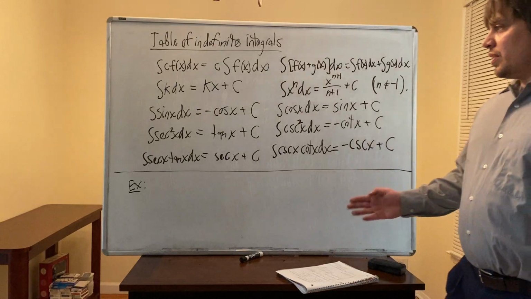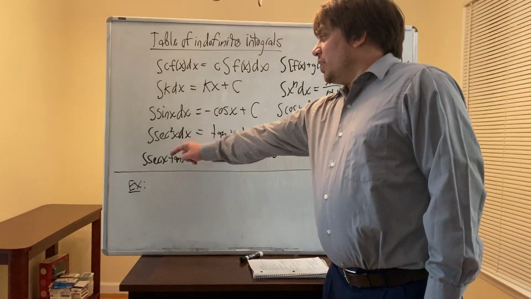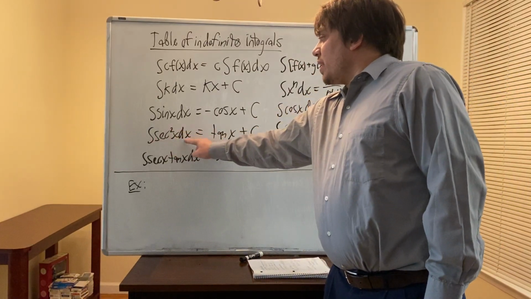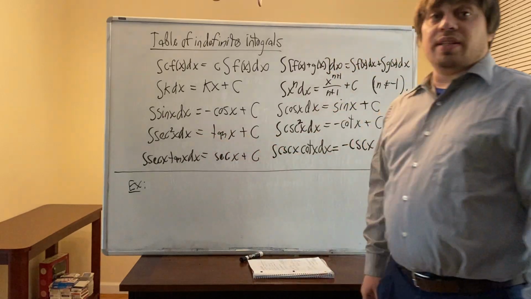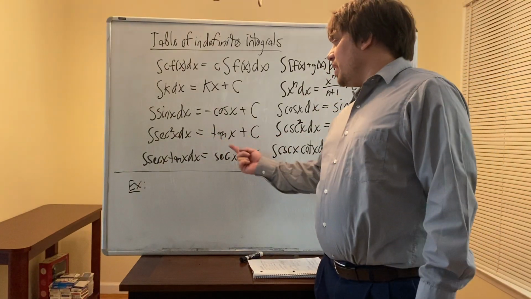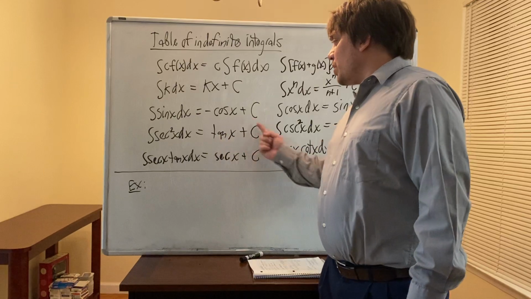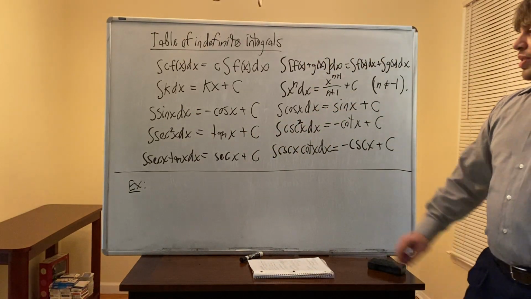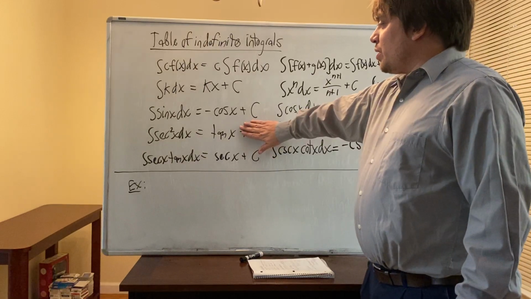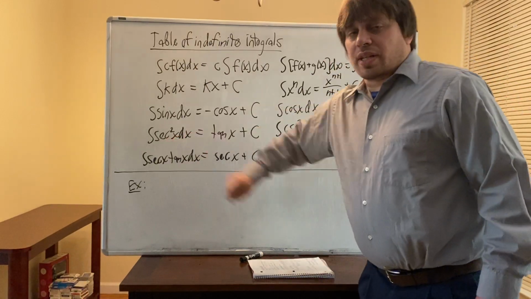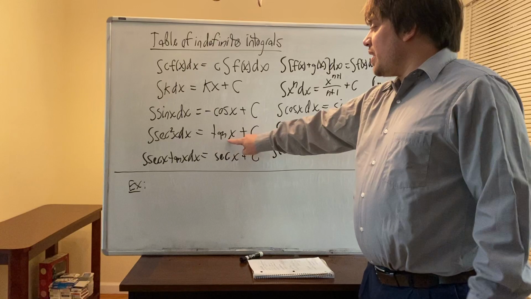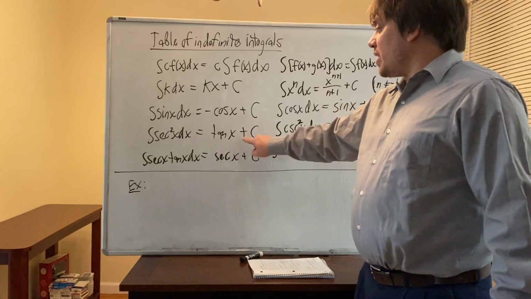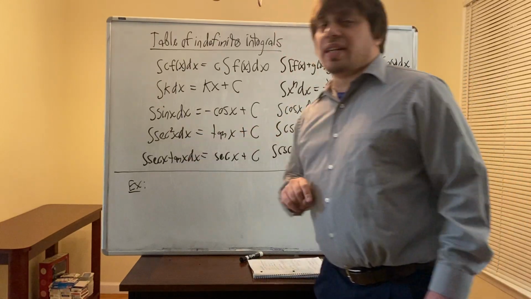So for instance, let's look at this equation. The integral of secant squared x dx equals tan x plus c. That means that for any constant c, tan x plus c is a function whose derivative is secant squared x. So if c was 0, then the derivative of tan x would be secant squared x. If c was 15, the derivative of tan x plus 15 would be secant squared x.